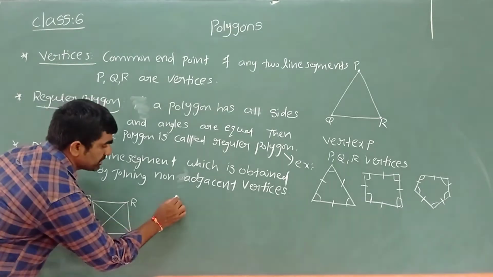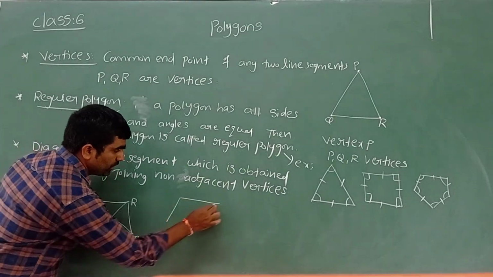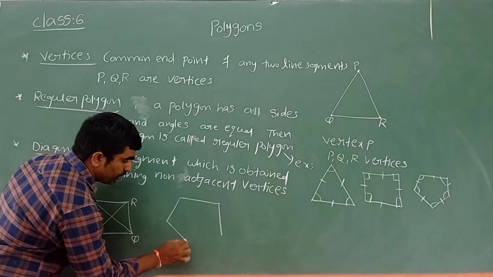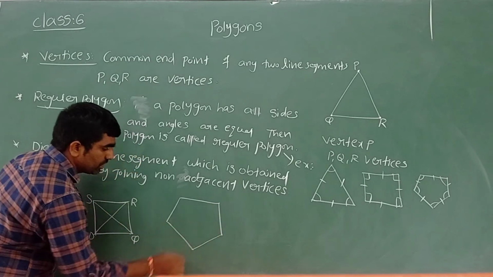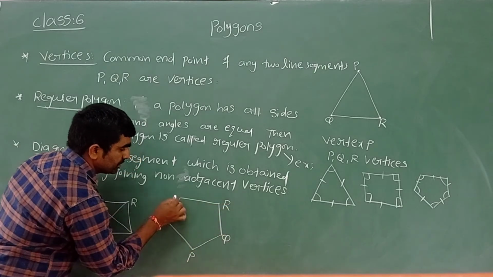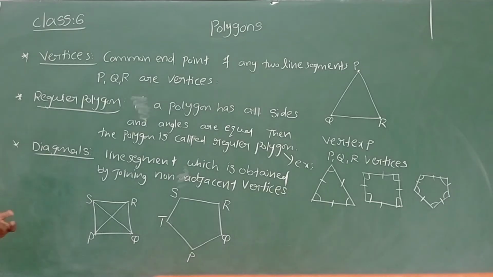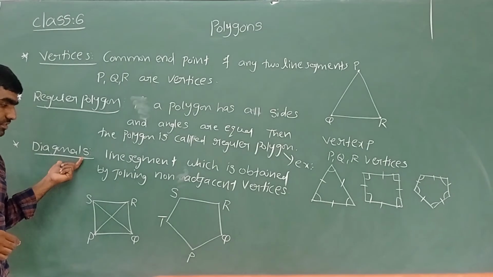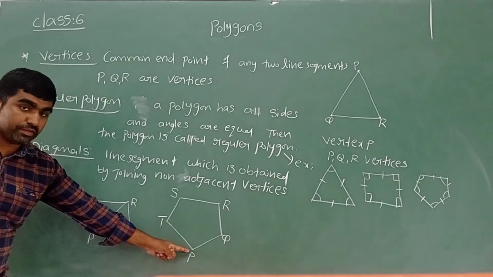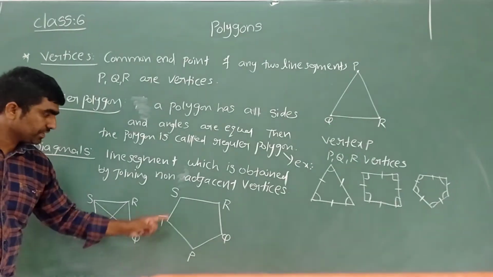Let me take one five-sided polygon. 1, 2, 3 sides, 4 sides, 5 sides. Now let us write the names here. P, Q, R, S, T is the five-sided polygon. Let us count the possible number of diagonals. T and P are side by side vertices.